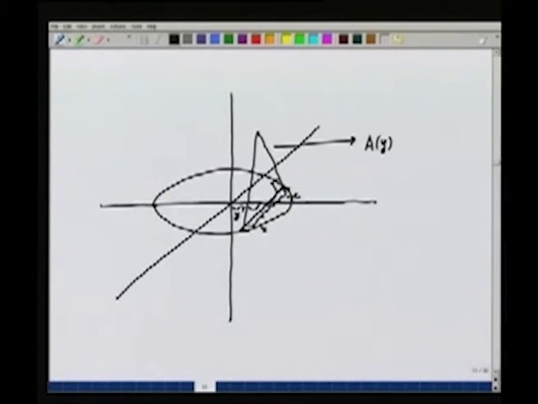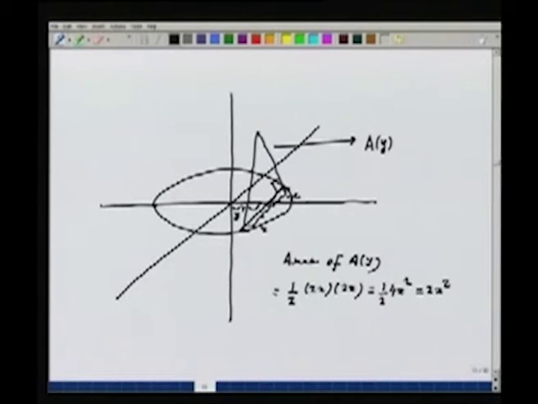Since it's an isosceles triangle, the other side is also 2x, and hence the area A(y) I can easily find out. It is half times 2x times the height, and since one angle is 90 degrees, the height is also 2x. So I get half times 4x square, that is 2x square.